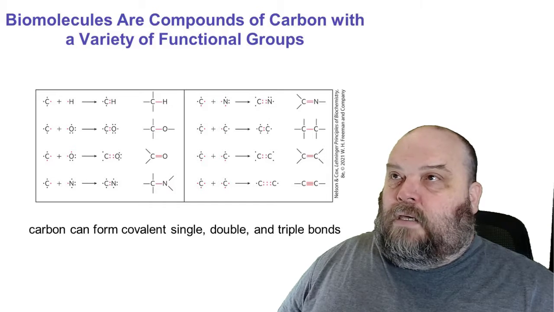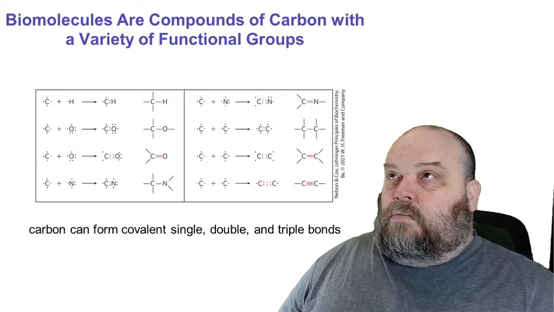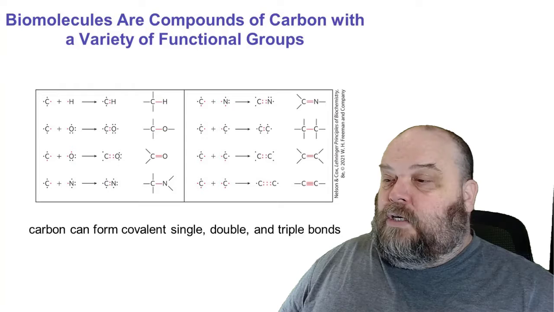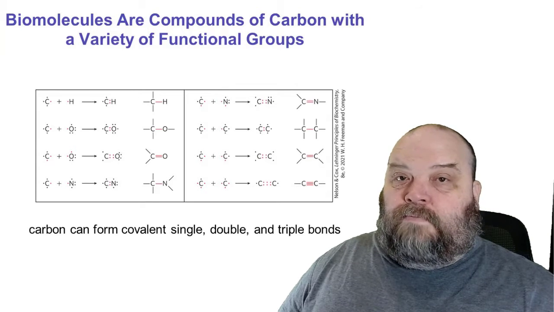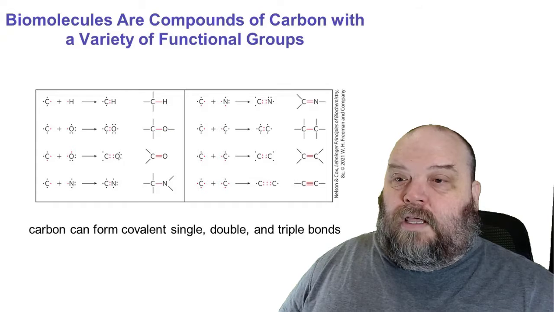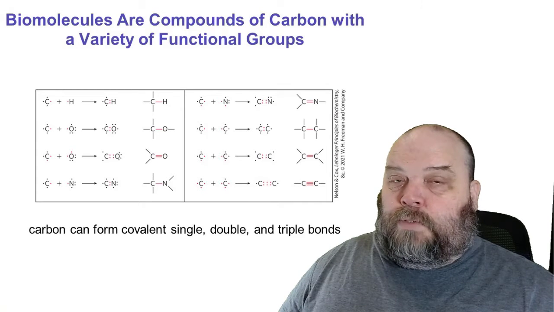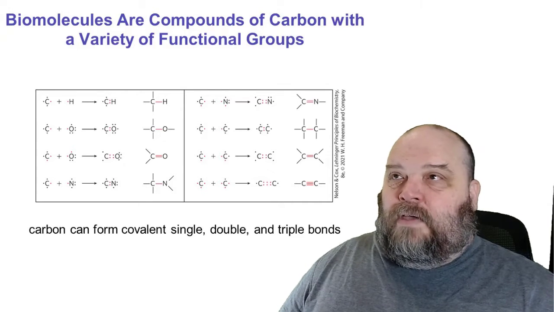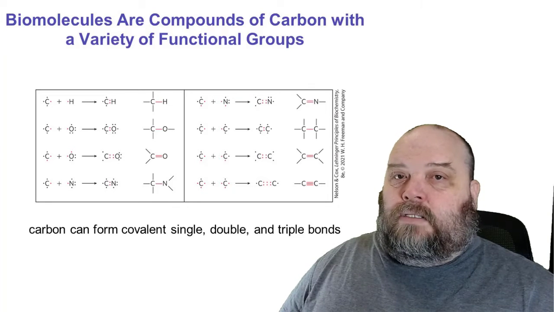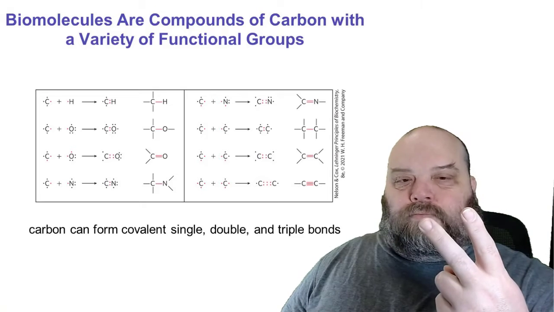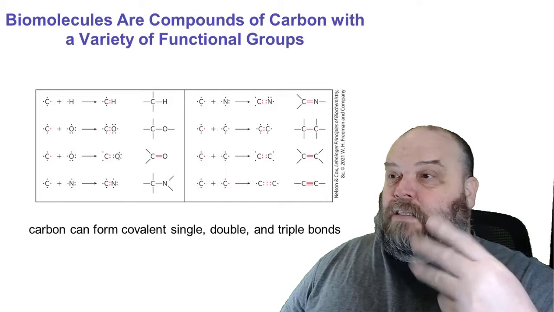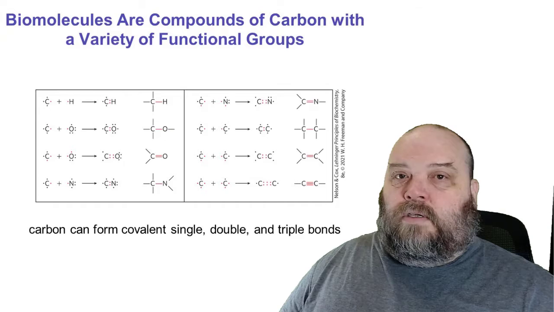And if you had me for Cell and Molecular downstairs in biology, you will remember I've always discussed knowing and being aware of the functional groups. Because the functional groups are what give the carbon chains, which is literally what amino acids, nucleotides, lipids, and all these are.